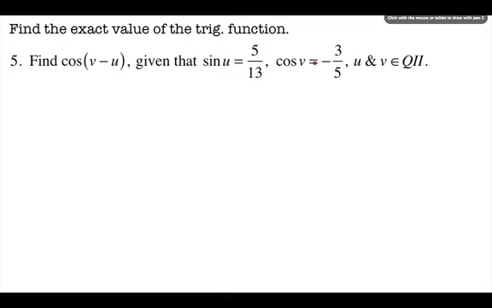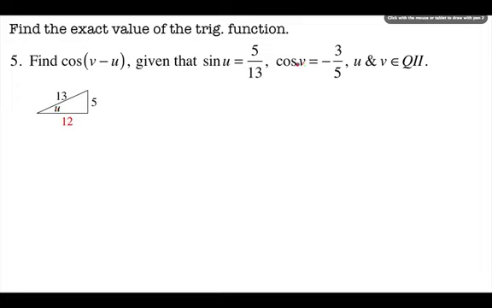So this is going to give you information, and the sign of the trig ratio plays a key role here, because u and v are in the second quadrant. And then I'll highlight the sign of the trig ratio in just a little bit, but you should be able to see that if I draw a right triangle and use my reference angle u, I end up with 5, 13, and the adjacent side to reference angle u is 12, using the Pythagorean theorem.